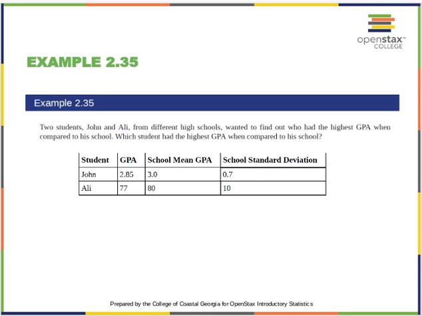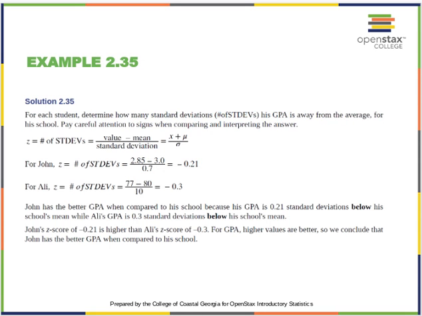So we go ahead with that equation above, and we say z is equal to the number of standard deviations, which is equal to the value minus the mean over the standard deviation. For John, z is equal to 2.85, which is his GPA, minus 3, which is the mean GPA of his school, over the standard deviation of his school, and that's negative 0.21.